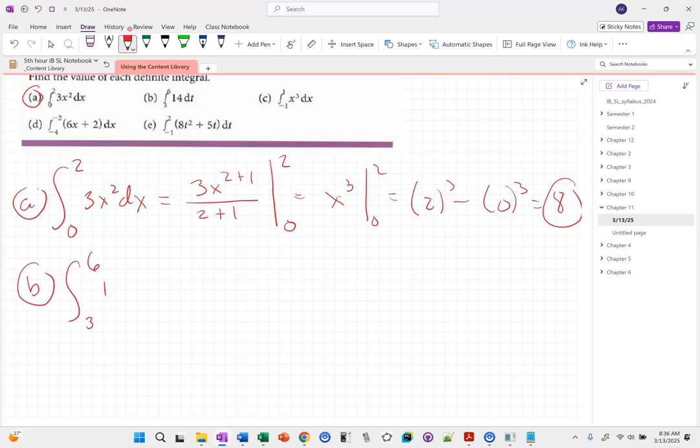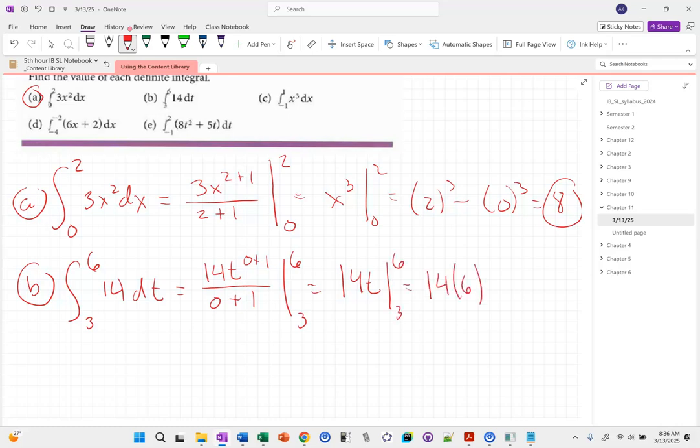Let's do B. We'll do just the general, regular old antiderivative here. So that just turns into 14, oops, t is the name of my variable here, so 14t.